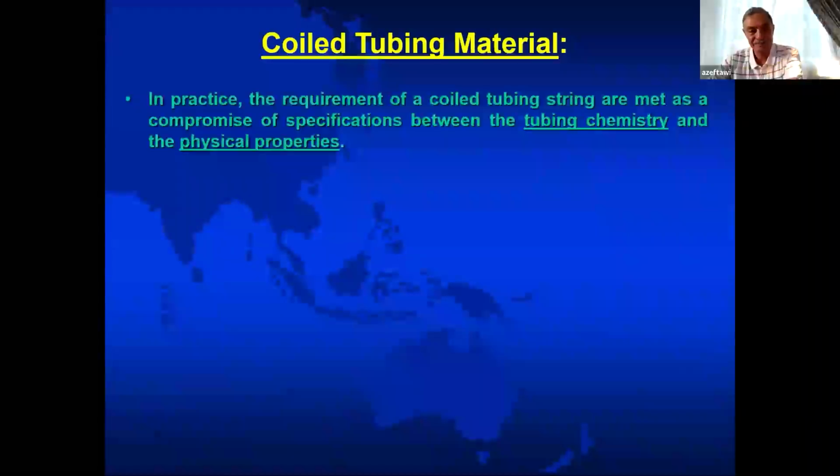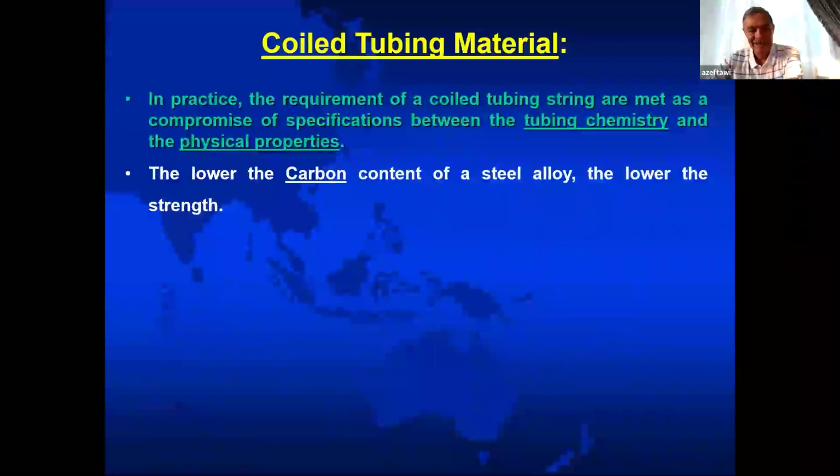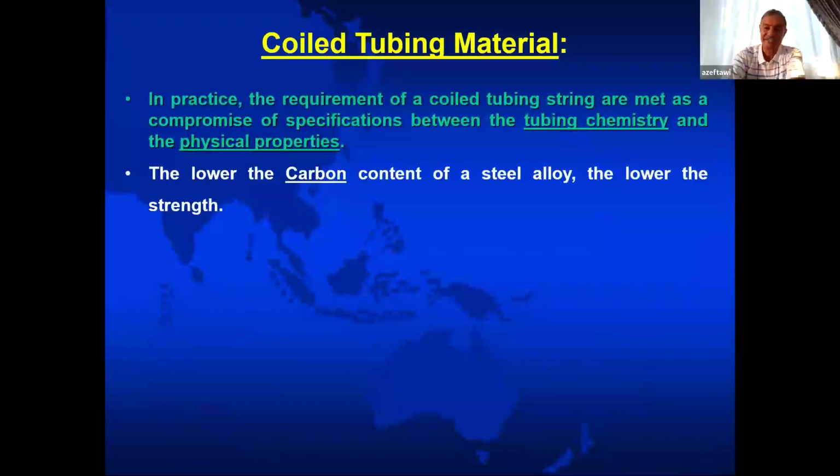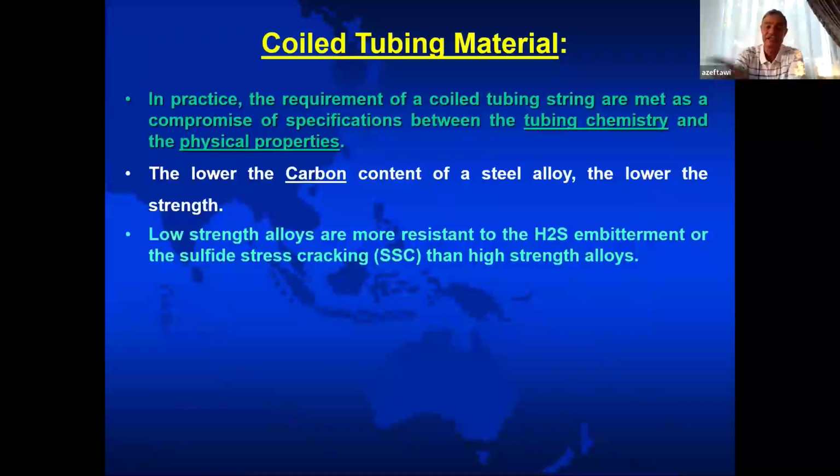For example, the lower the carbon content of the steel alloy, the lower the strength. You lower the strength. This is true by removing the carbon content from the material. But removing the carbon content gives you low strength. The low strength makes it more resistant to H2S.